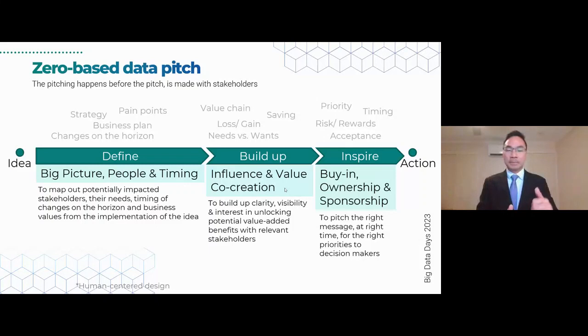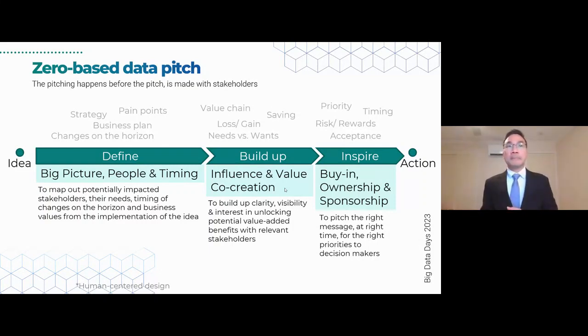From there, look at how much money, budget, and resource the organization is going to commit. Then go through consultation with stakeholders to finalize the budget. So I took inspiration from that approach to come up with this name, zero-based data pitch.